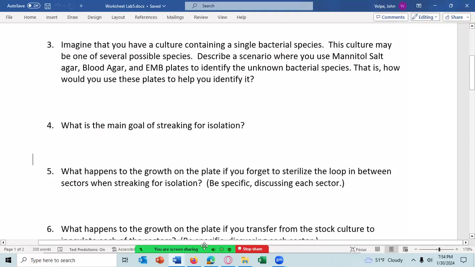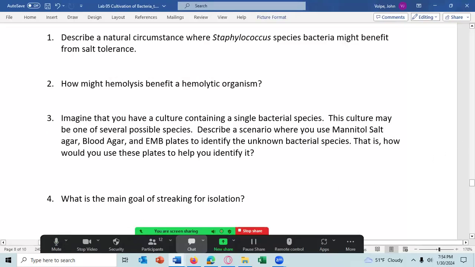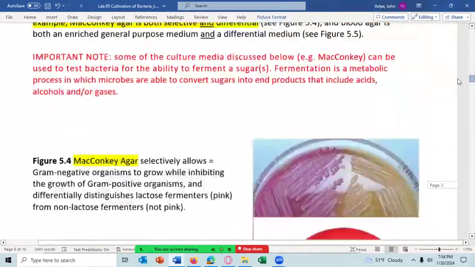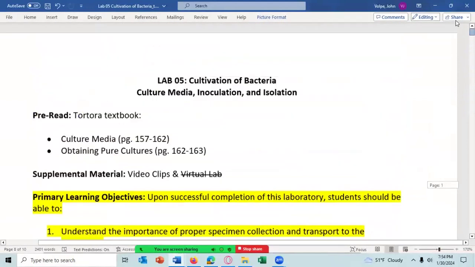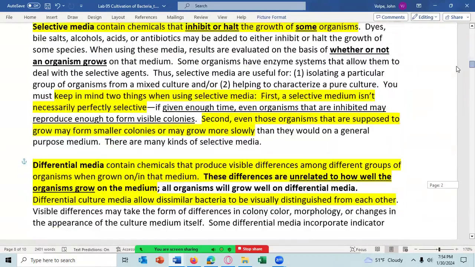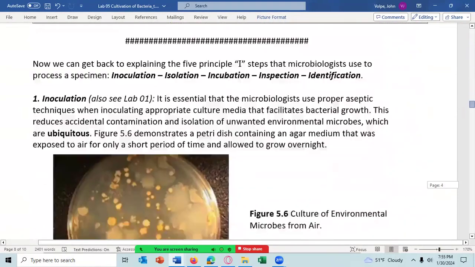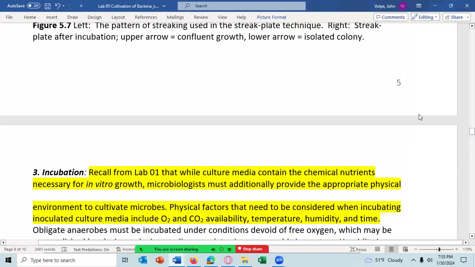So let's go back to the lab module. Go out to the streaking. Why am I not seeing the streaking? Let me see if it's in the previous lab.